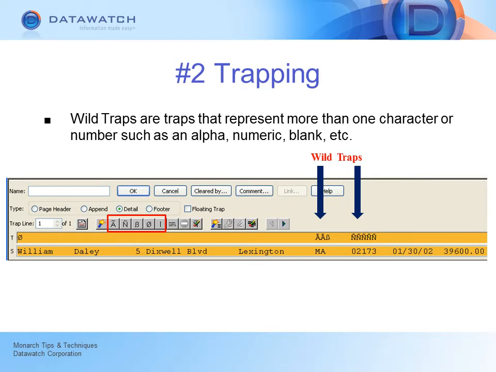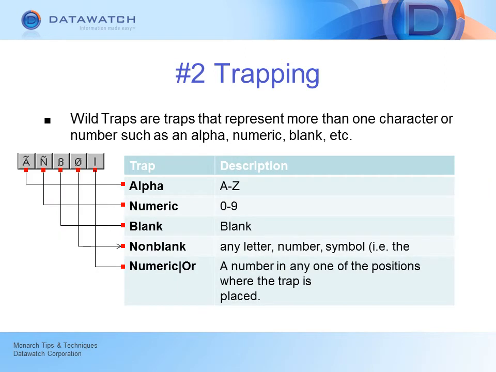But because, just using zip code and state as an example, they're not constant from record to record, this would be a situation when a wild trap would be required. Monarch provides 5 wild trap characters, and you can see them in the red rectangle there on the screen. You could even combine your literal traps and your wild traps and get some very precise targeting of your desired data.